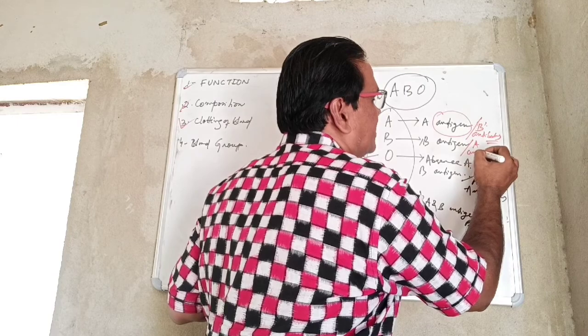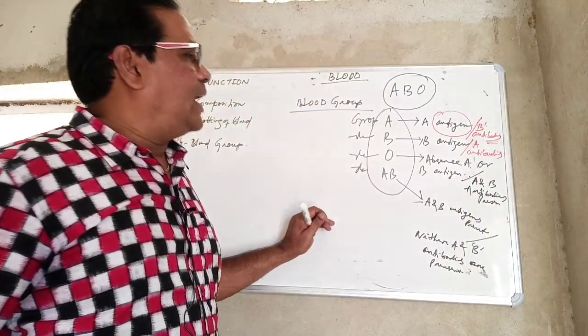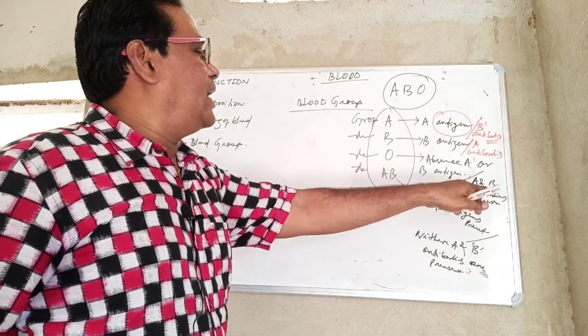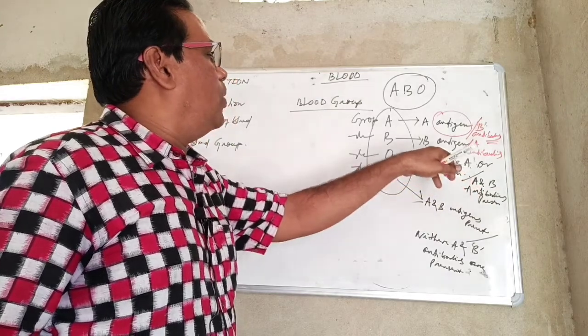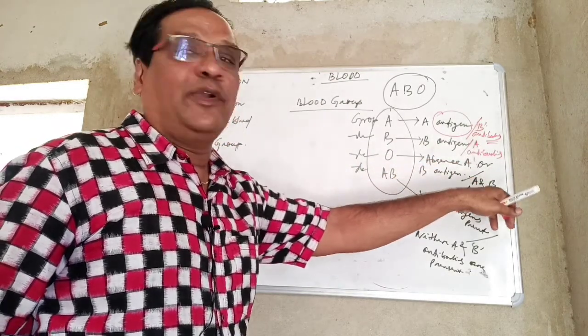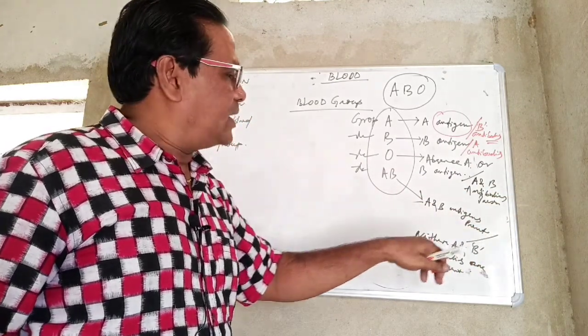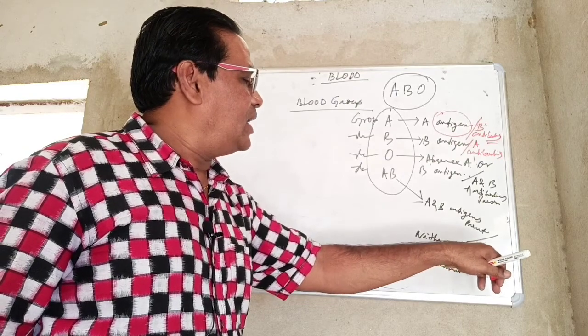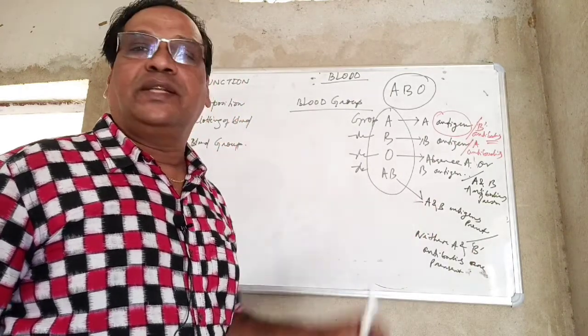In the O group, only A and B antibodies are present, with no A and B antigens. In the AB group, both A and B antigens are present, but neither A nor B antibodies. Only AB antigens are present.